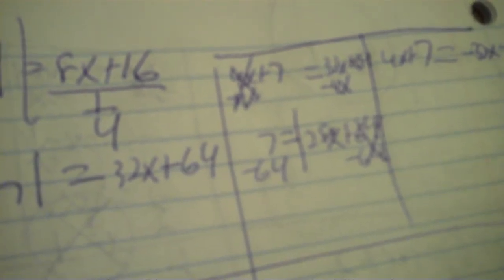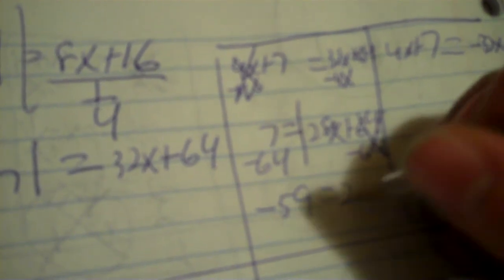So 7, 28x plus 64. So I have a times 28, a plus 64. So I minus 64. 7 minus 64 is negative 59, okay?